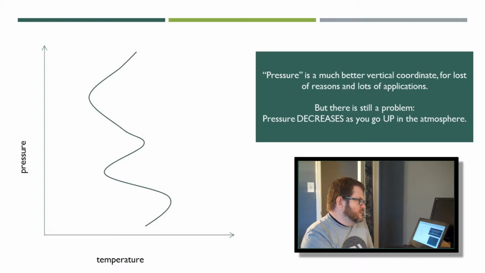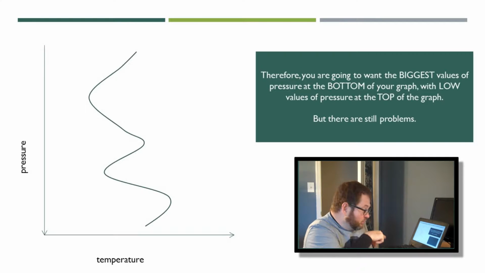So we're going to want pressure as our y-axis, but then you come across another problem. It's kind of an easy one to solve, but as you go up in the atmosphere, pressure decreases. So having an origin to our diagram in the bottom left side, and working its way up, that actually is kind of backward. We kind of want our graph to go the other way.